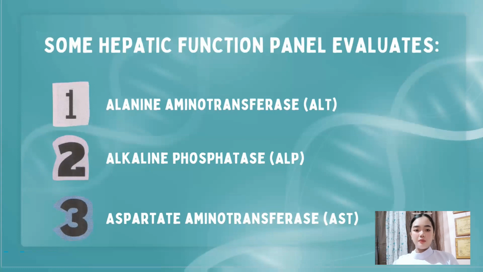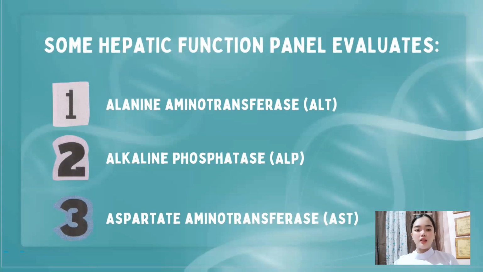First, alanine aminotransferase, ALT, is an enzyme found in the liver that helps convert proteins into energy for the liver cells. When the liver is damaged, ALT is released into the bloodstream and levels increase.